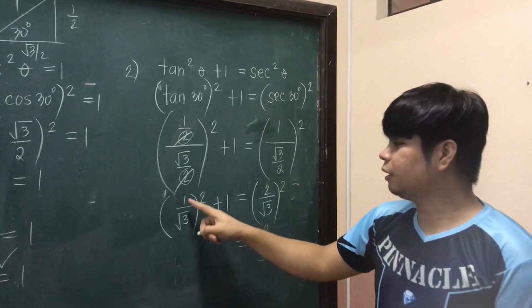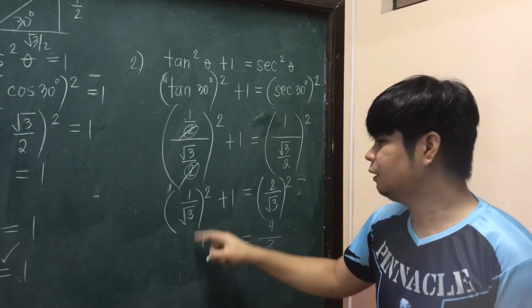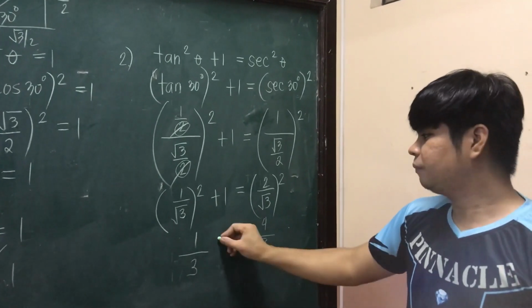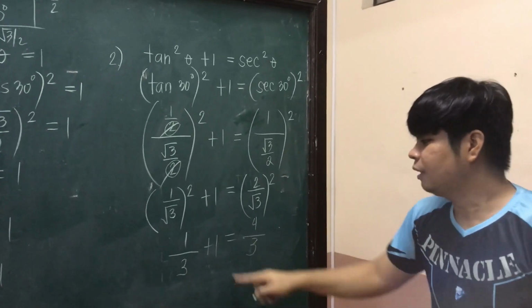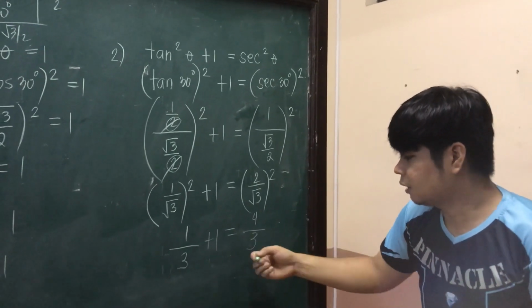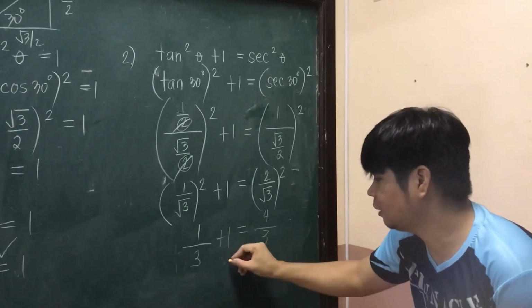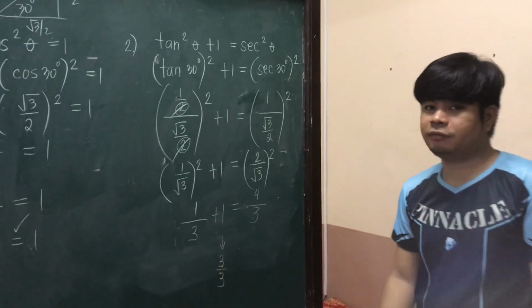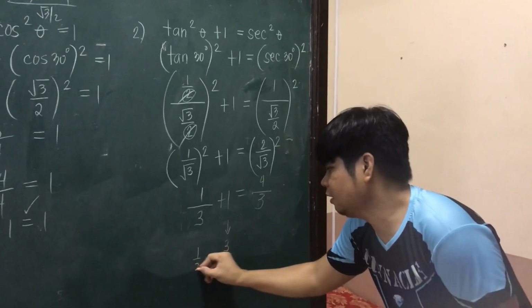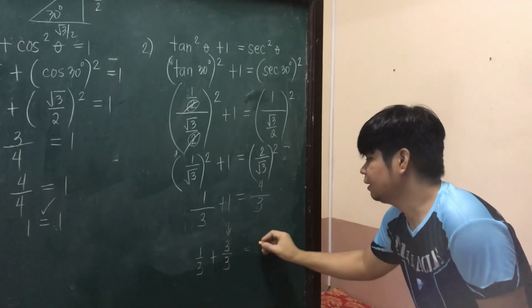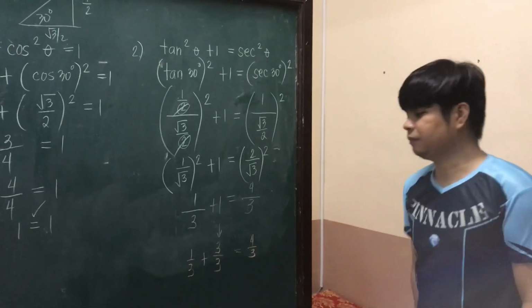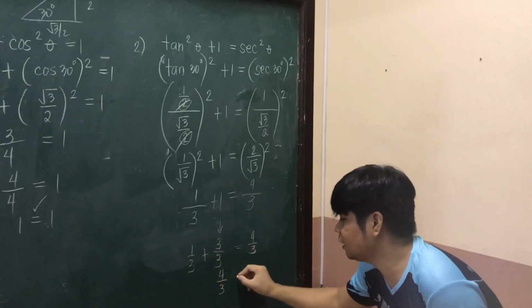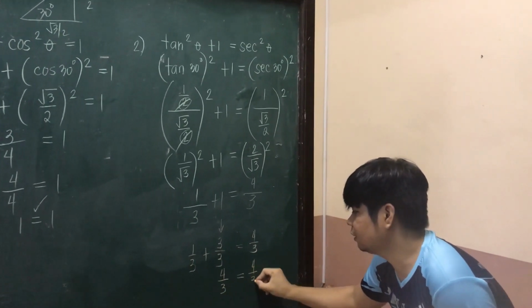And in here, 1 squared is 1, the square of the square root of 3 is 3. So 1/3 plus 1, which can be written as 3 over 3 to make it a similar fraction. So we have 1/3 plus 3 over 3 is equal to 4 over 3. 1 plus 3 is 4, so we have 4 over 3 is equal to 4 over 3.